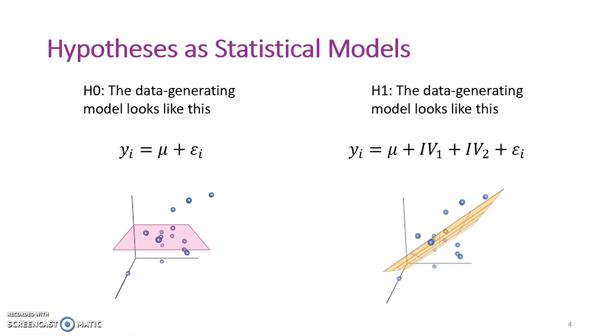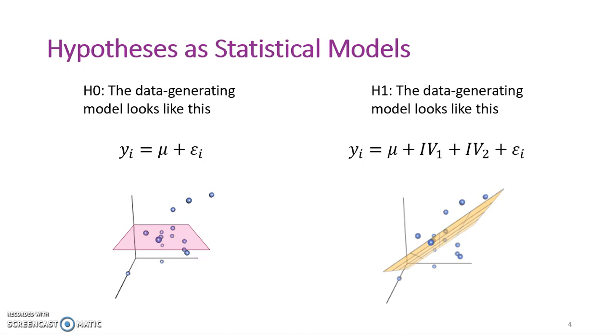So what that would look like for our 3-dimensional regression plots is just the flat plane that represents the grand mean. And that's this plot on the left. For the alternative model, we now have specified in the model that there is some effect of each independent variable on the outcome. And so we represent this model with the regression plane. So this is our alternative model.